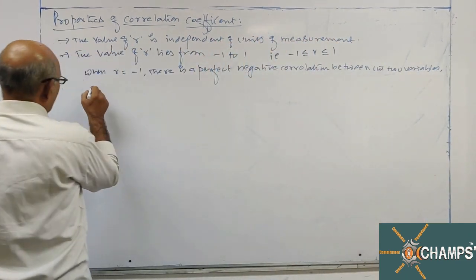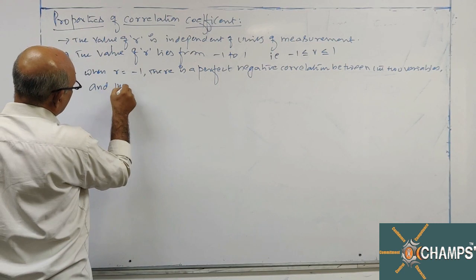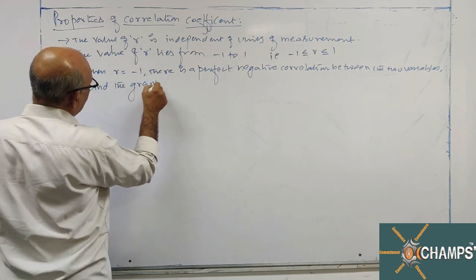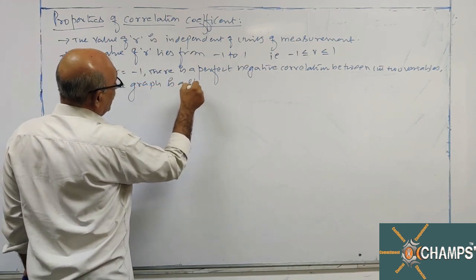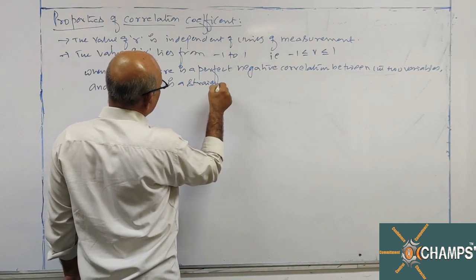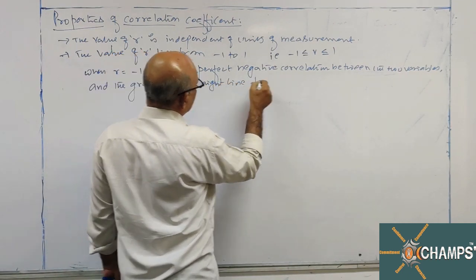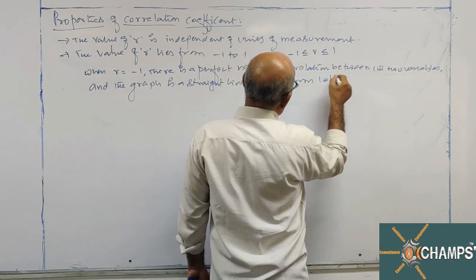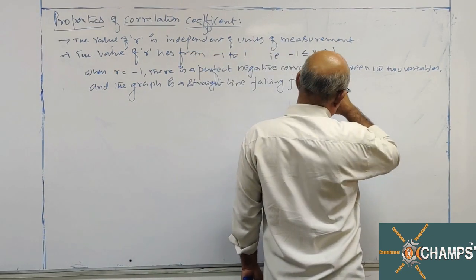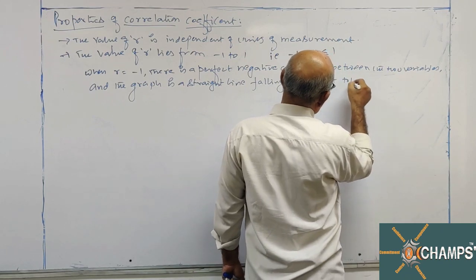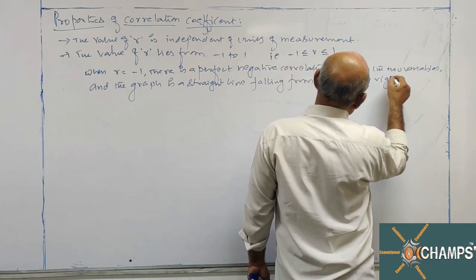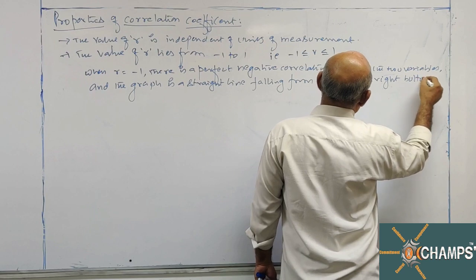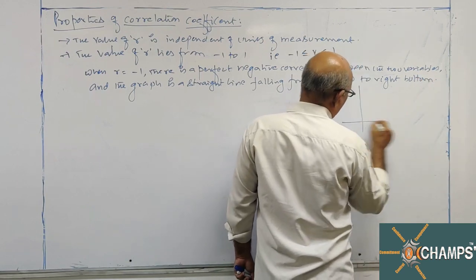And the graph is a straight line falling from left top to right bottom.